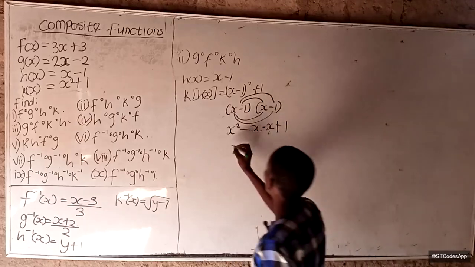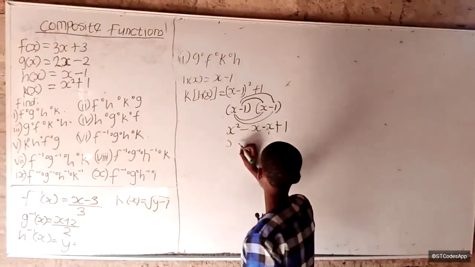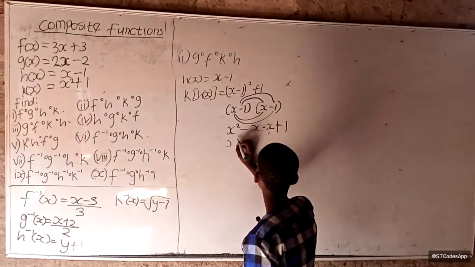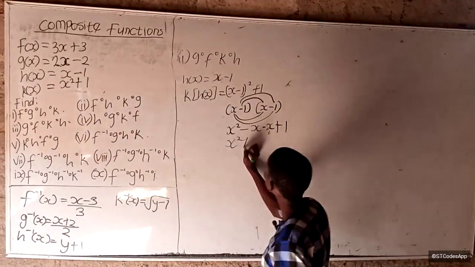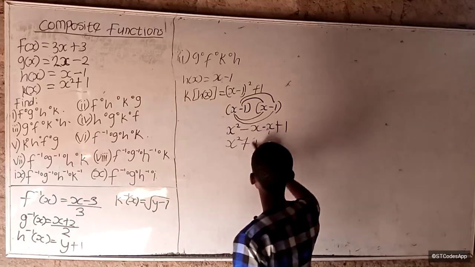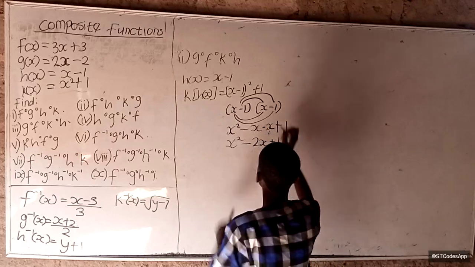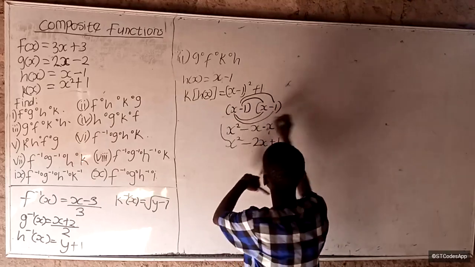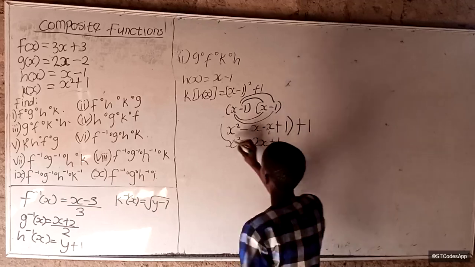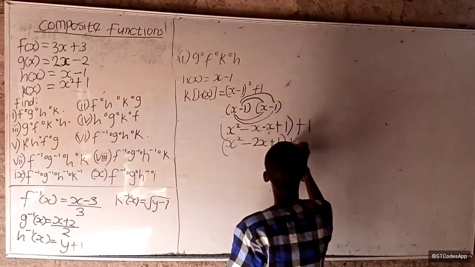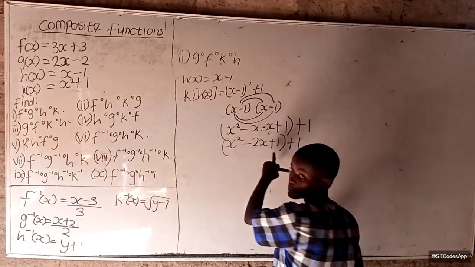So we have x squared minus 2x plus 1, plus this one here.